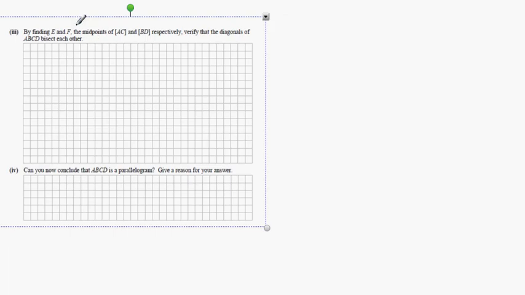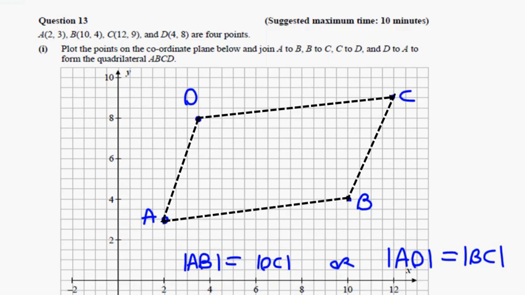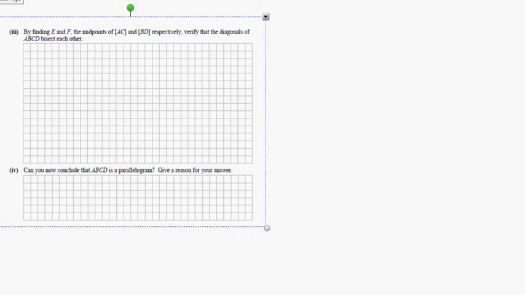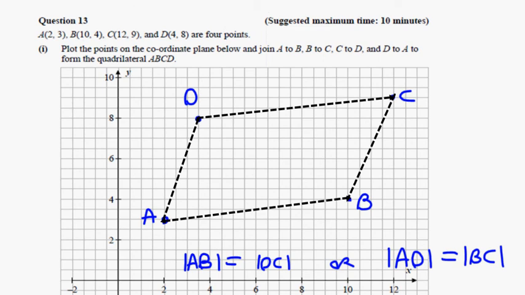So, by finding E and F, the midpoints of AC and BD respectively, verify that the diagonals of ABCD bisect each other. So, what I have to do here next is find out what the midpoint of AC is. So, A going all the way over to C here.